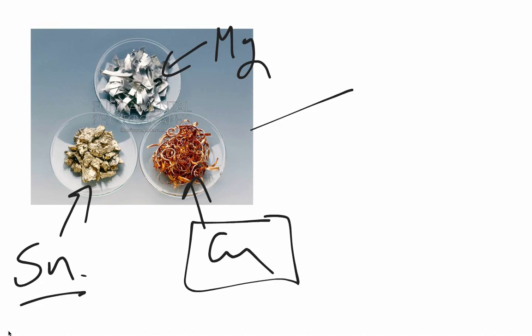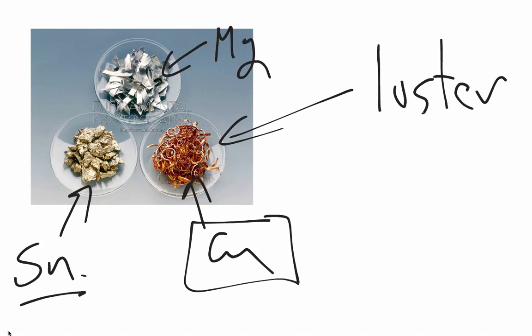Another thing that our mobile outside electrons give rise to is the lustrous quality of metals. So all metals have luster. What's happening with metals is that when light hits them, instead of being absorbed like in a lot of different materials, the light is reflected due to the nature of those mobile electrons on the outside.